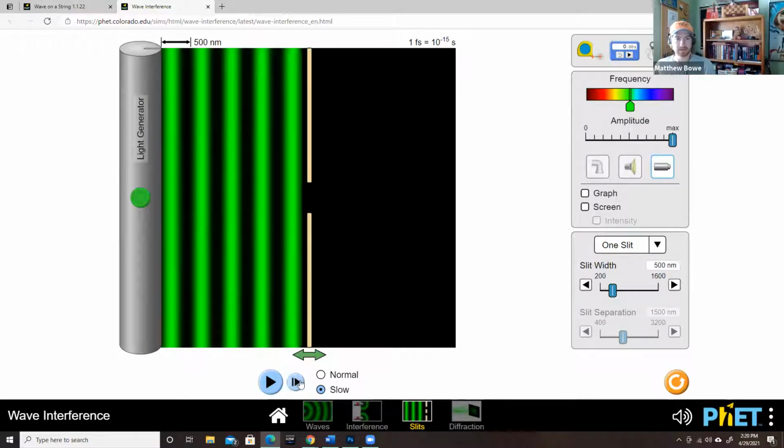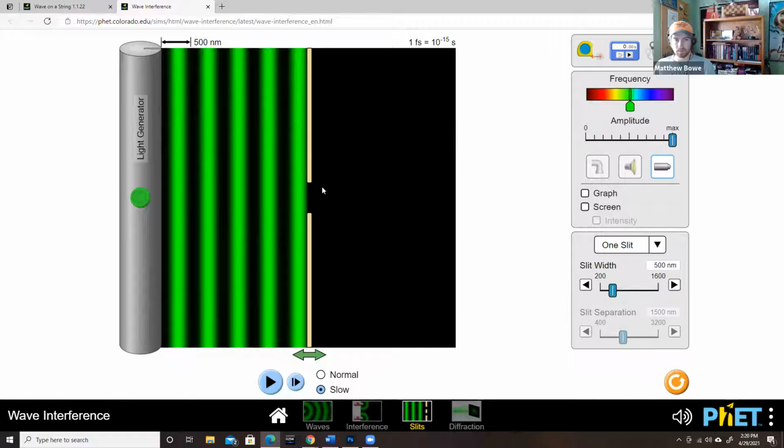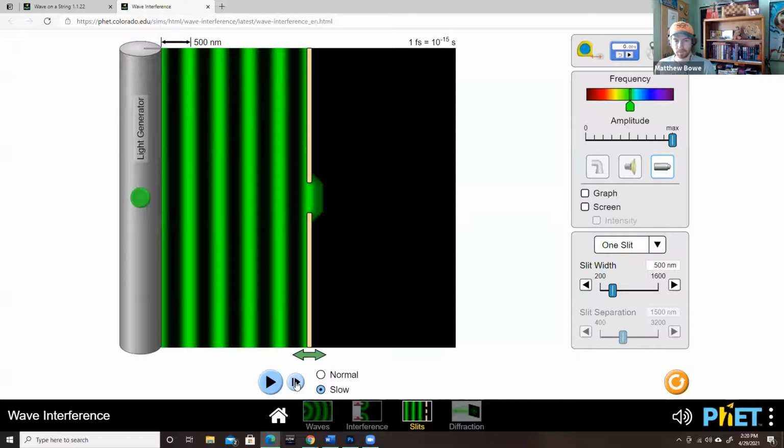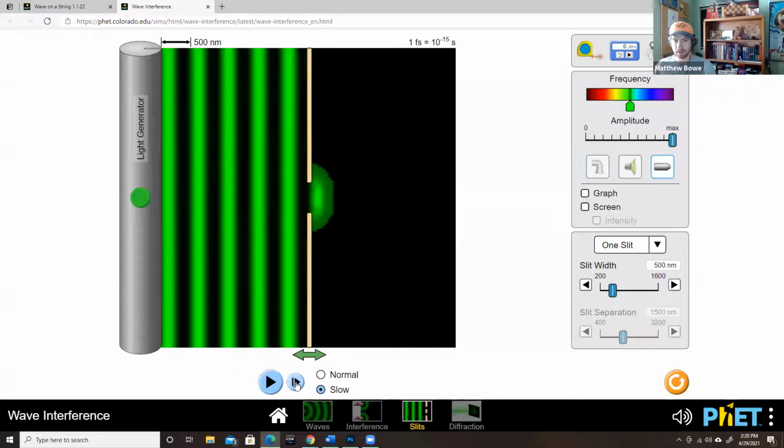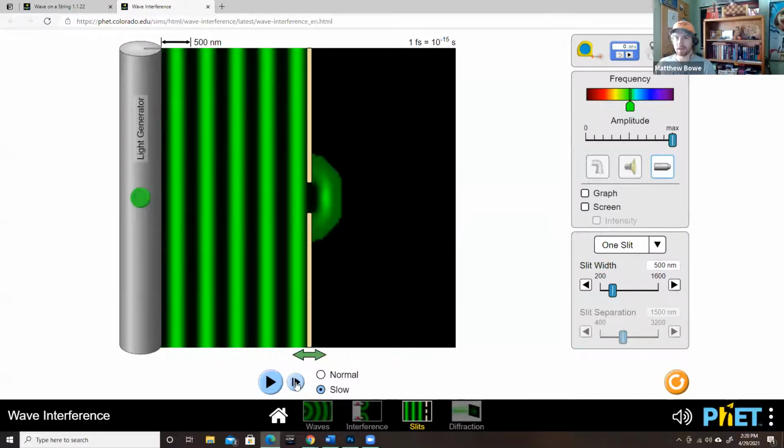But as the light hits this wall, it bounces backwards to the left. There's this region right in the middle that is able to make it through. And that light that's able to pass through has to fill out the remaining space. That's why it creates this rounded arc right here.